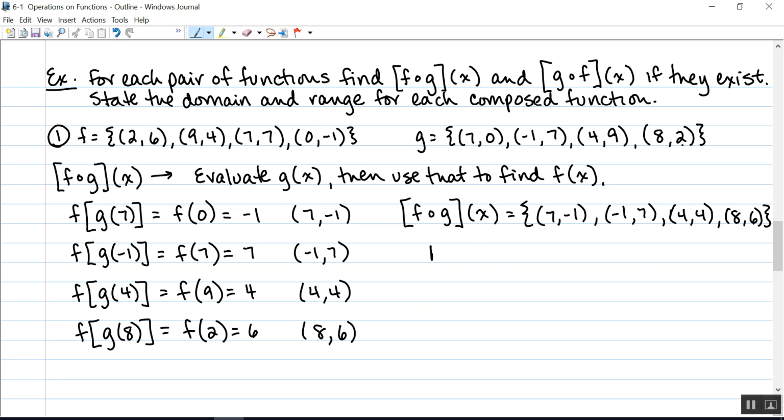The domain is the set of all the x's of this composed function. So that would be 7, -1, 4, and 8. And the range is -1, 7, 4, and 6. Those are the y's of this composed function. So that's f of g of x.